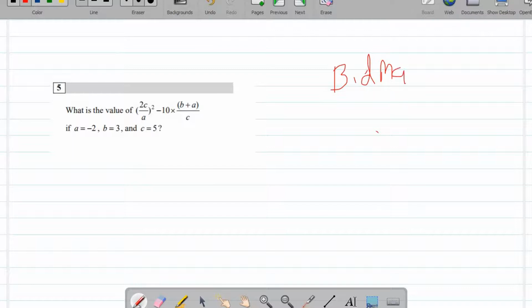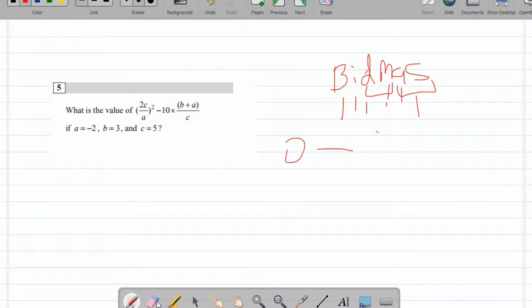In BODMAS, you should do the brackets first, then orders, then division and multiplication, then addition and subtraction. Remember, division and multiplication have equal precedence, and addition and subtraction have equal precedence, and you do them from left to right. So we're going to work on that.